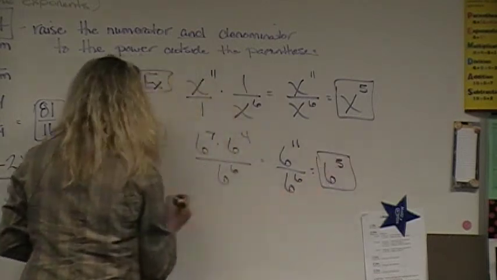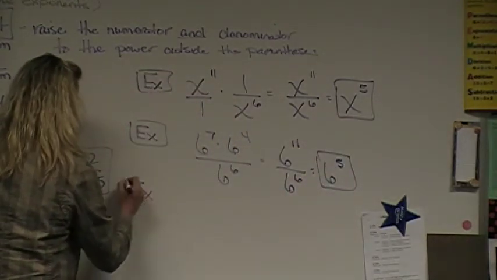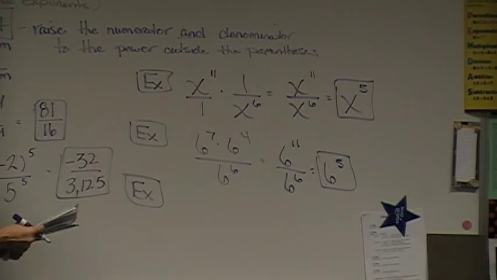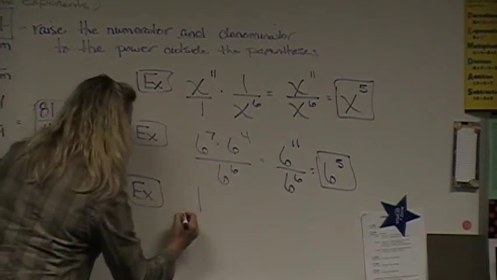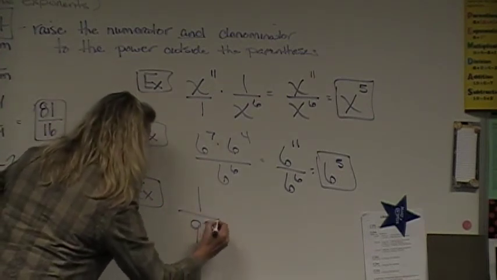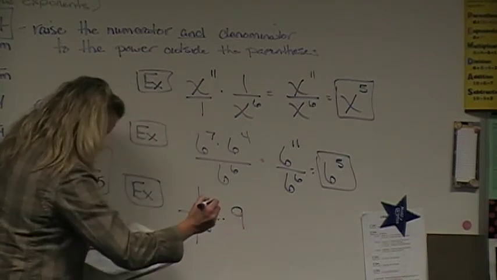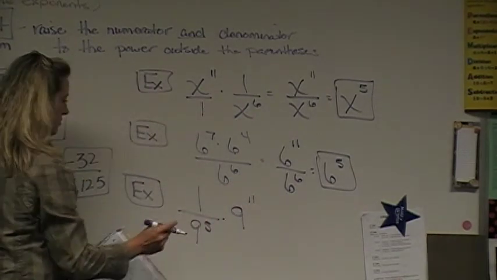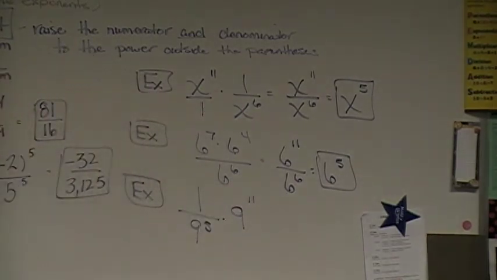Very good. Last one we're going to do here, then we'll move on to our next section. All right, how about this one? 1 over 9 to the 5th times 9 to the 11th. Now on this one, what do we need to do?